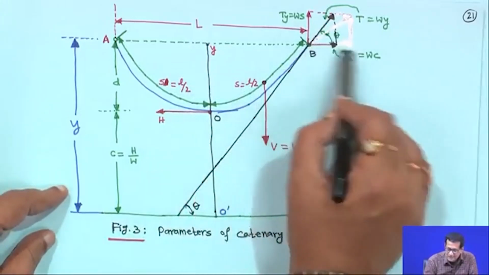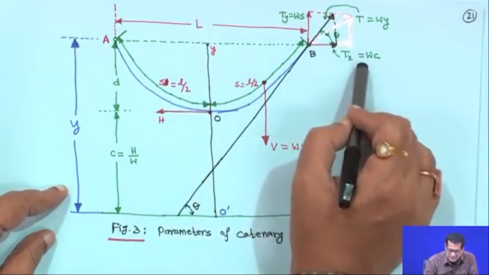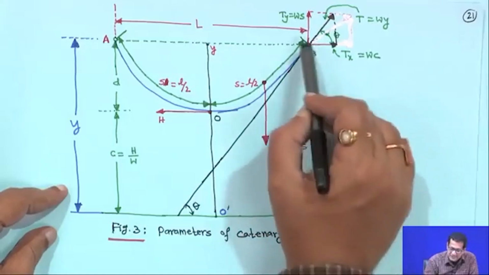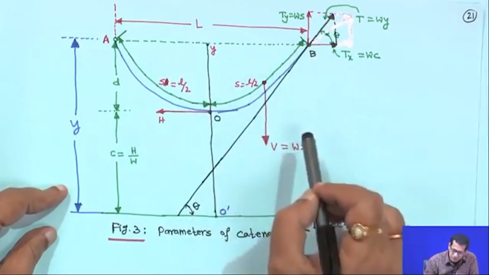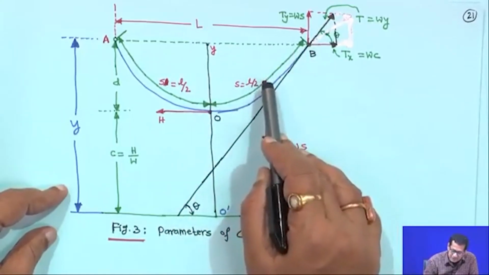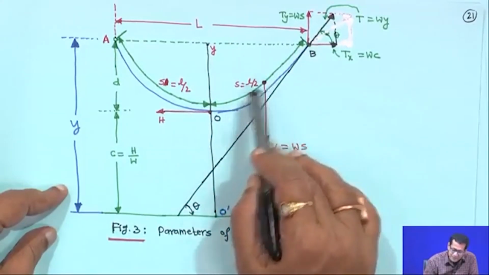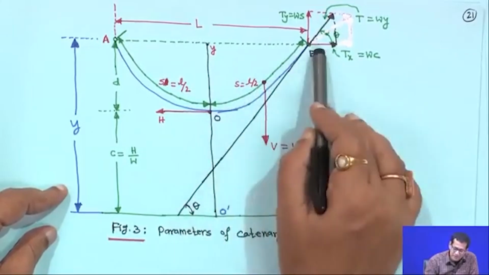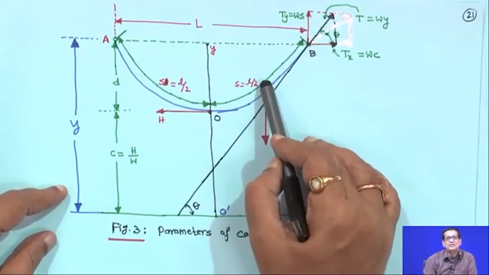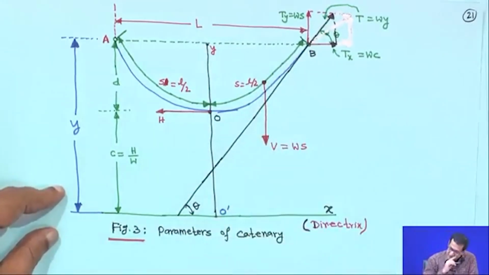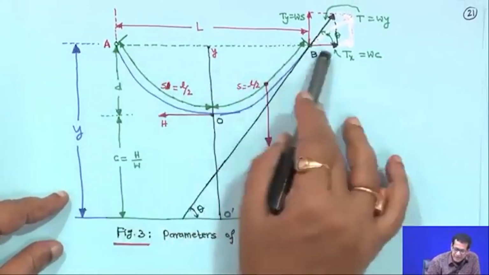Here, at S equal to L by 2, the weight is acting in the middle of this portion between O and B, the midpoint of the conductor, and the horizontal distance between A and B is L.